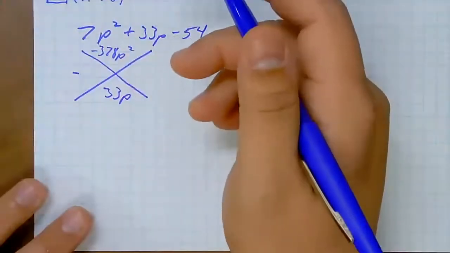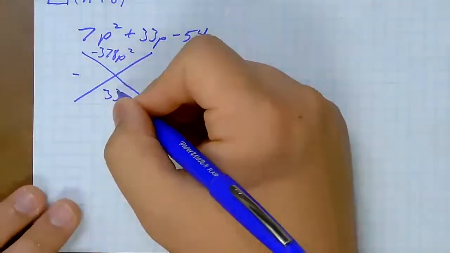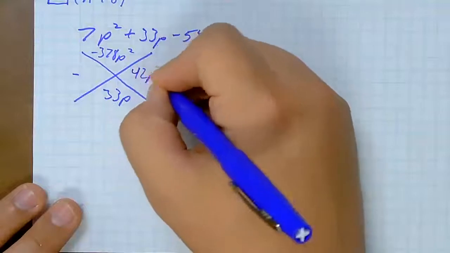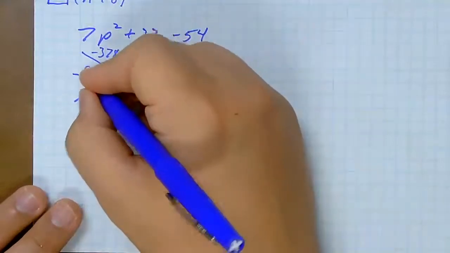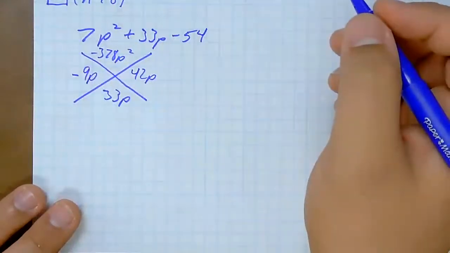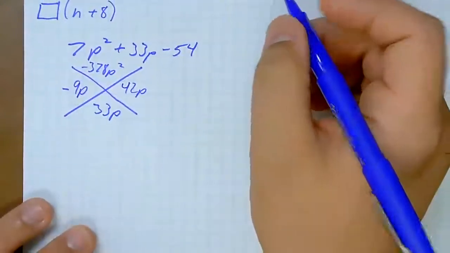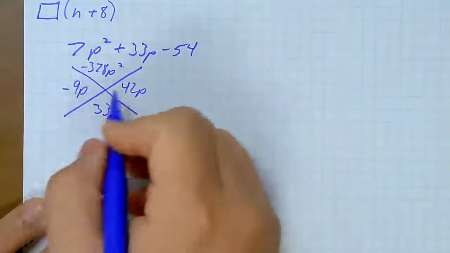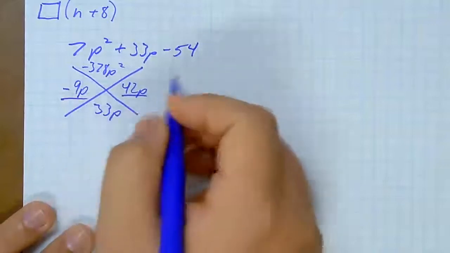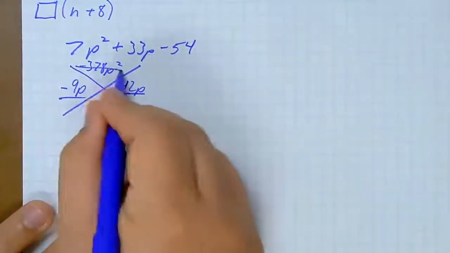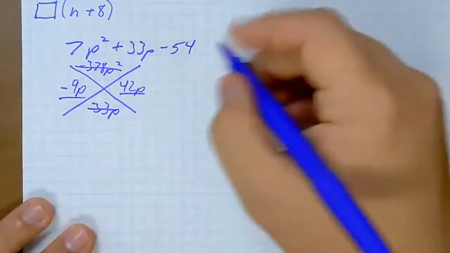Yes, 9 times 42 is correct. In this case, the larger number is positive. So we have 42p over here and negative 9p over here. Let's rewrite our trinomial, but now using the answers to our diamond. We don't need the top or the bottom of the diamond.